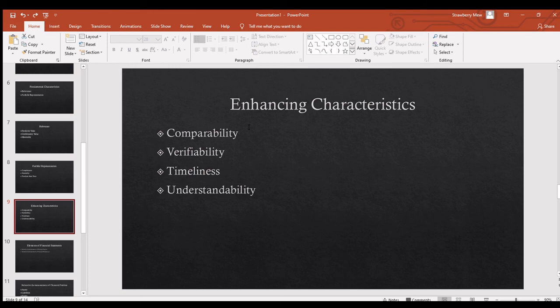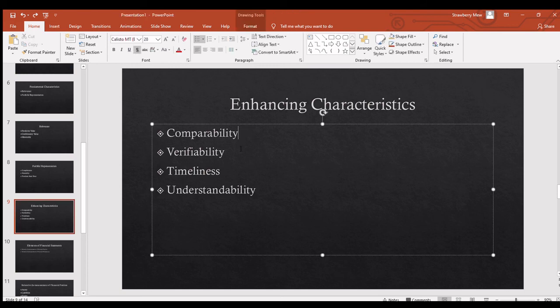For siyempre hindi naman magkakaroon ng difference sa mga profits kung wala namang difference sa pinagmamanage ng mga business, right? So there should be comparability between the informations.